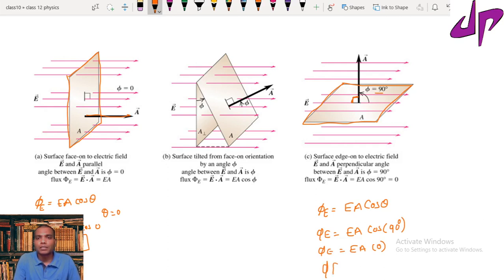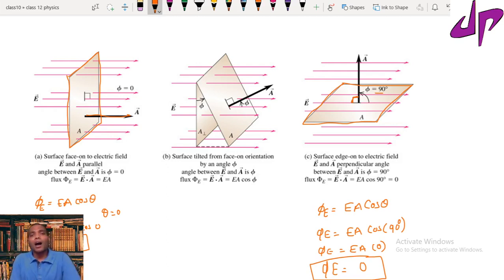So electric flux goes to 0. In this case, the flux equals 0. So these are the two opposite cases. The flux depends upon the area orientation, the electric field direction and the area direction.